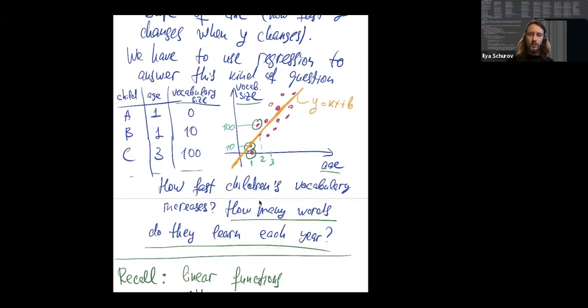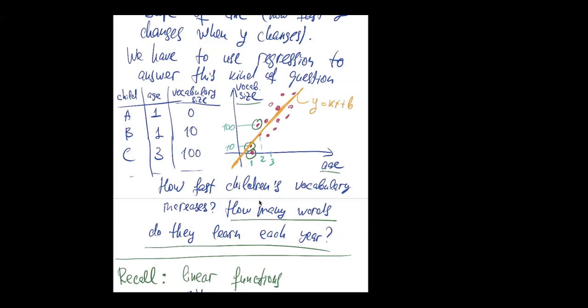And then we find some estimate for this value by fitting this straight line. So this straight line is, in a sense, an average child, and we try to find how fast this average child will acquire new words. So this is our method. I'm not sure that I answered what you were asking.